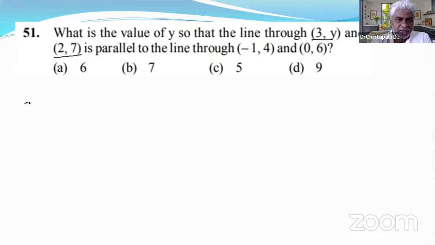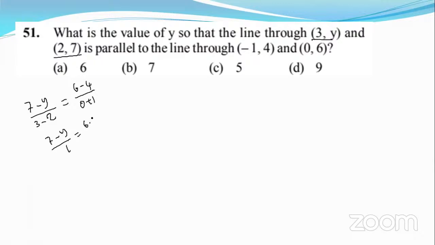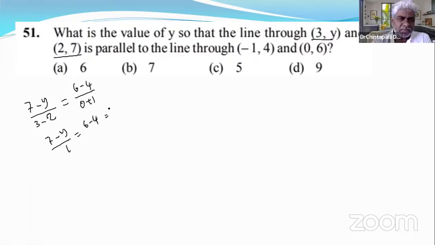That means (7 minus y) by (3 minus 2) is equal to, parallel means same slopes, (6 minus 4) by (0 plus 1). So (7 minus y) by 1 is equal to 6 minus 4, which is equal to 2. So 7 minus y is equal to 2. y is equal to 5. Yes, very good.